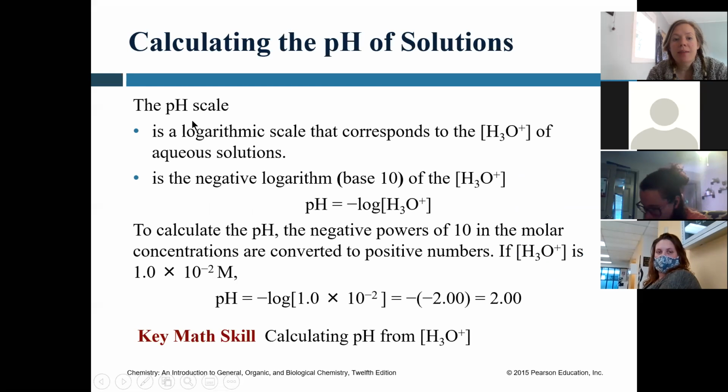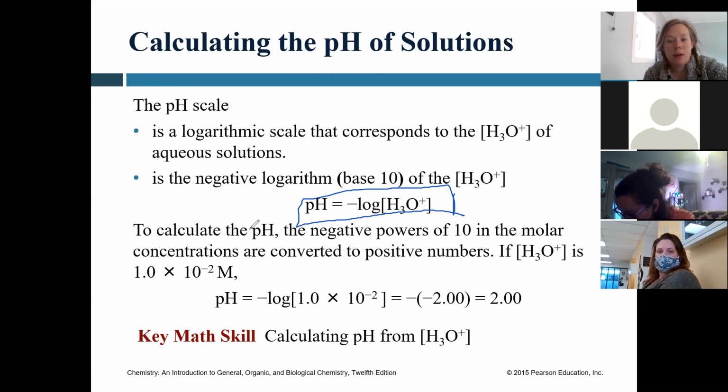So how do we relate pH to concentration? This is the equation right here, and I'm going to put it in our little box. pH equals the negative log of the H3O plus concentration.